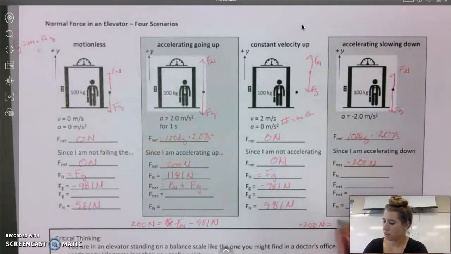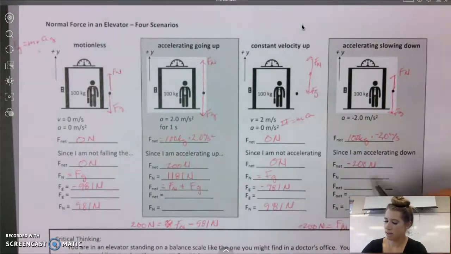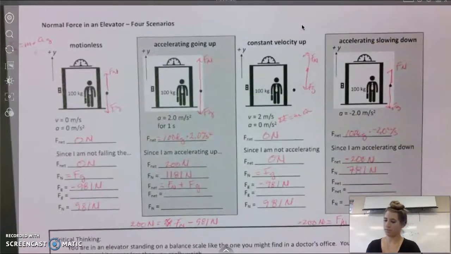So that would be force normal plus the negative 981 newtons. If we add that to the other side, our normal force would be 781 newtons.